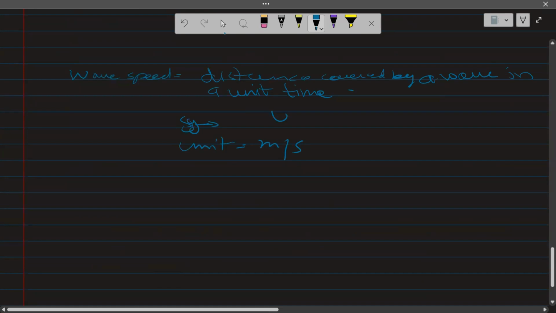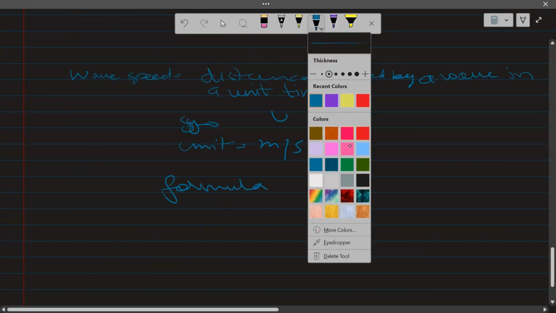Now what's the formula of wave speed? I think this pen isn't good, because you guys may not be able to see it.